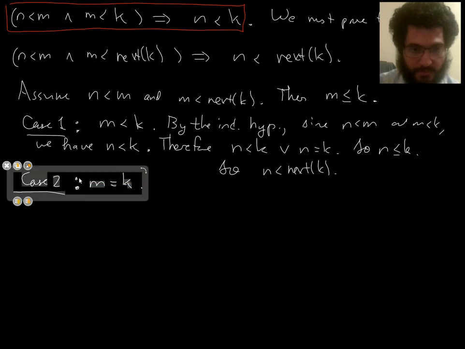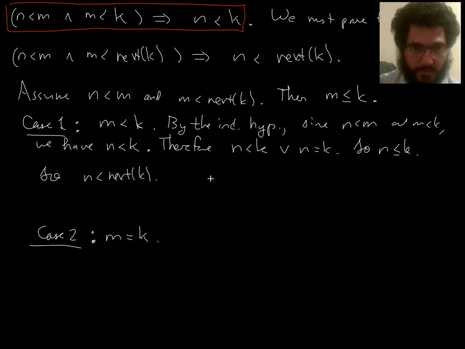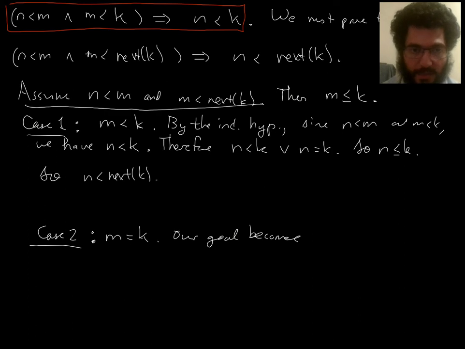On to case 2. Let's clean this up a bit. On to case 2. So when things are equal to other things and they collapse together like this, then what I like to do is rewrite my goal. So our goal becomes, let's see, the ultimate goal here was to prove this implication, and we already made the assumption of the hypothesis of the implication.